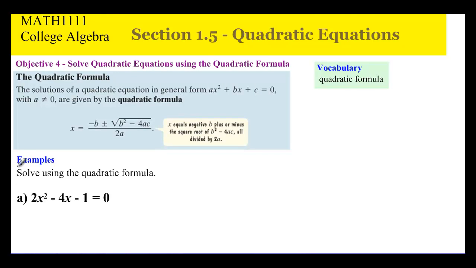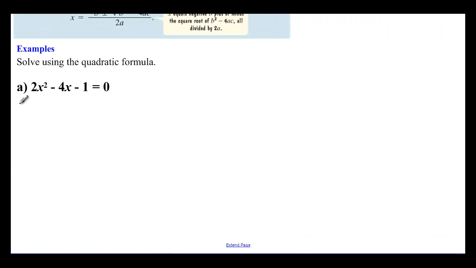So we want to go through and use the quadratic formula for a for our first example. a is 2, b is -4, c is -1.